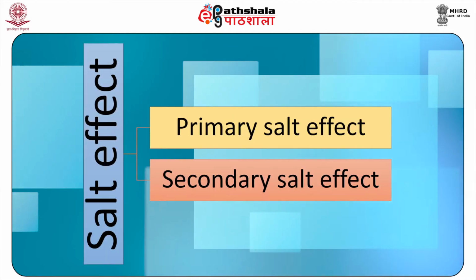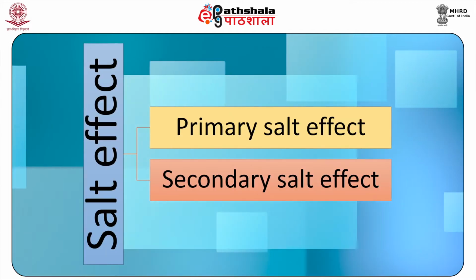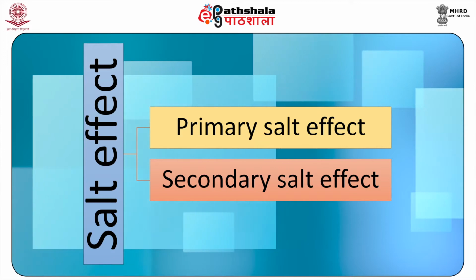Now, this influence of charged species on the rate of reaction is referred to as salt effect, and this salt effect is classified as primary salt effect and secondary salt effect. Both these effects are important in the study of ionic reactions in solution phase. Over here, we will first take up primary salt effect.